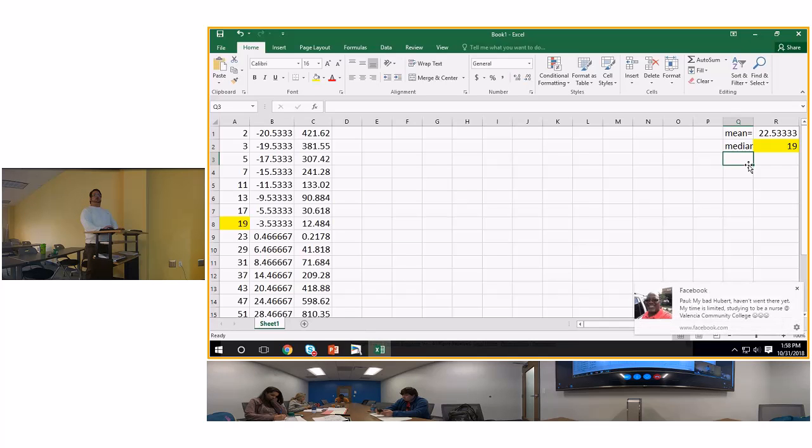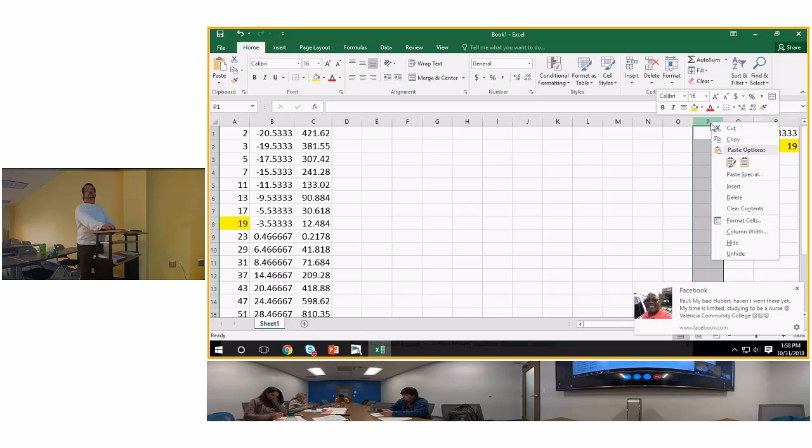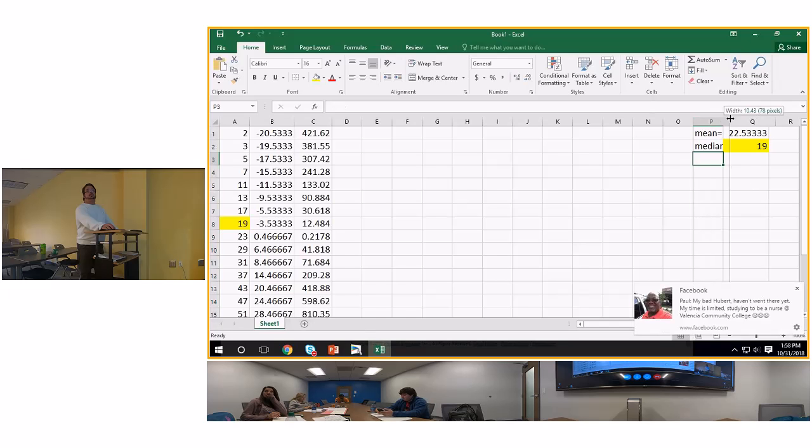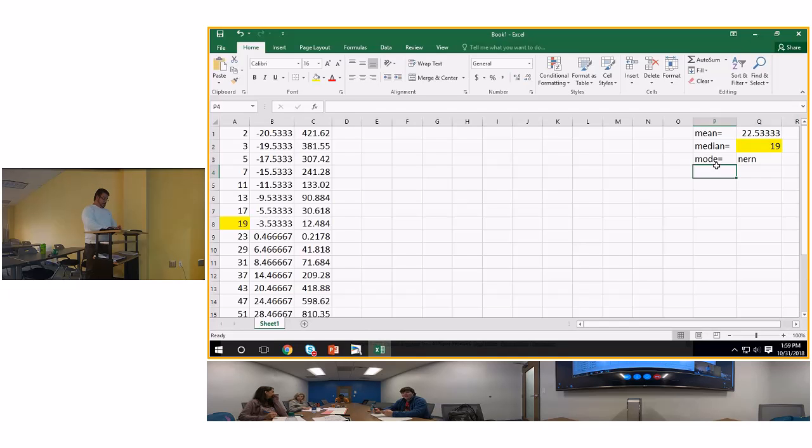All right, so hold on a second. Let me get to this and delete. There we go. Mean, median, mode. Make sure you don't put 0. Range. Somebody's going to say you spelled that wrong.